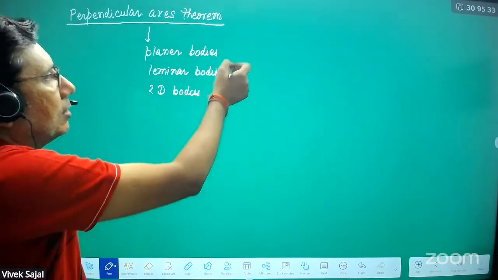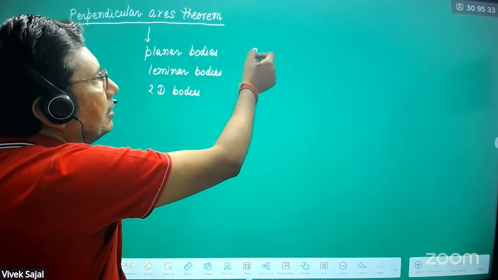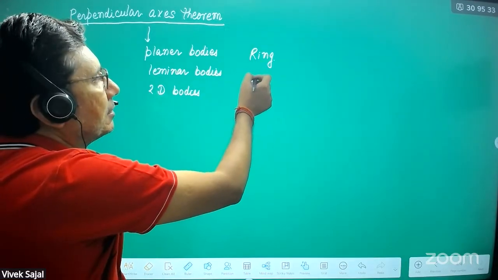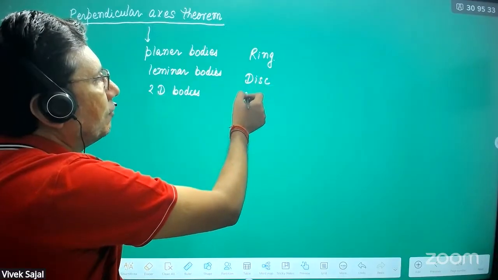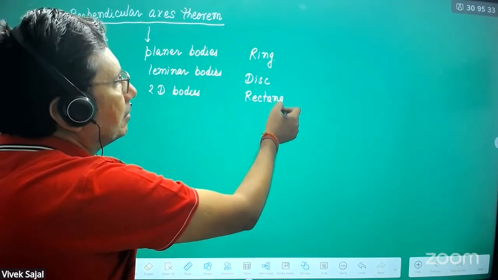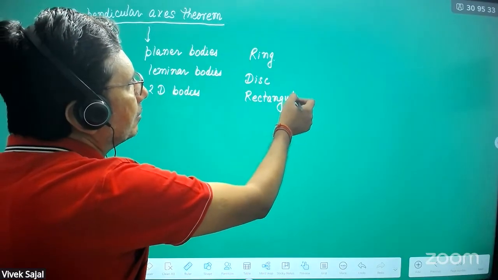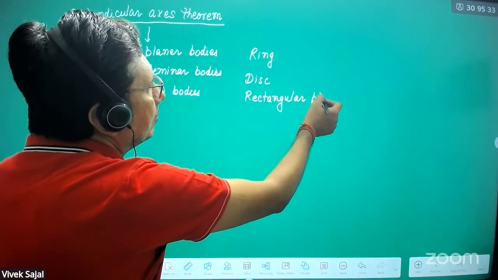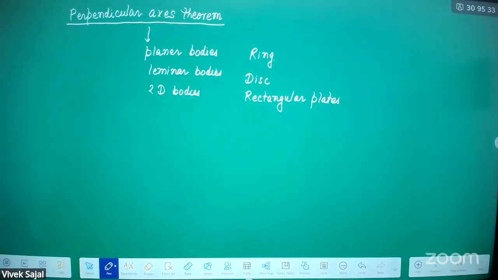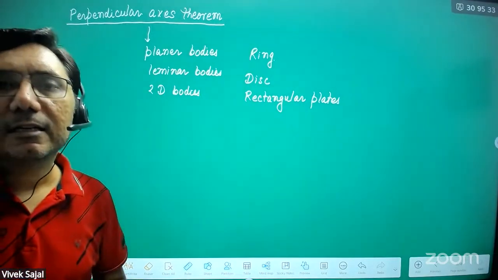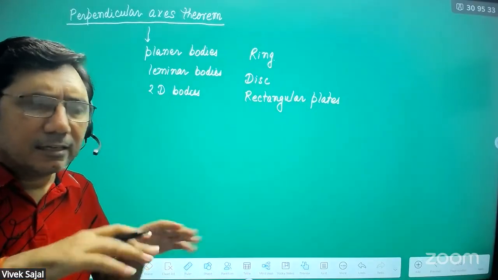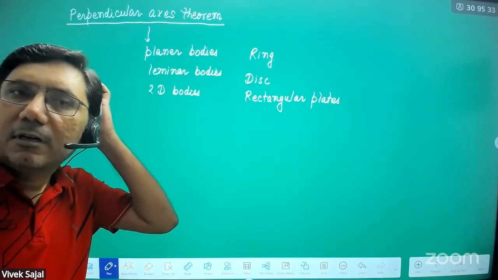For example, you can apply this for the ring. Ring is a two-dimensional structure. You can apply this for a disk. You can apply it for rectangular plates, etc. So basically you can apply this perpendicular axis theorem for two-dimensional bodies, planar bodies, like a disk or rectangular laminas.